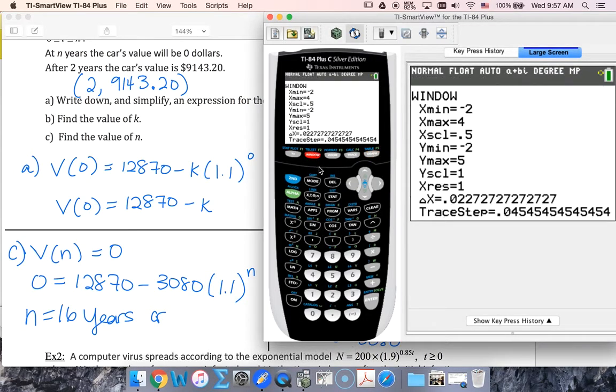So I'm going to change my window. I know that it's going to be somewhere between 15 and 16 on my x's. And my y values went from about -1,000 for the minimum to about 4,000 for the maximum. Not 4,000, 4. I'll count by 500s.